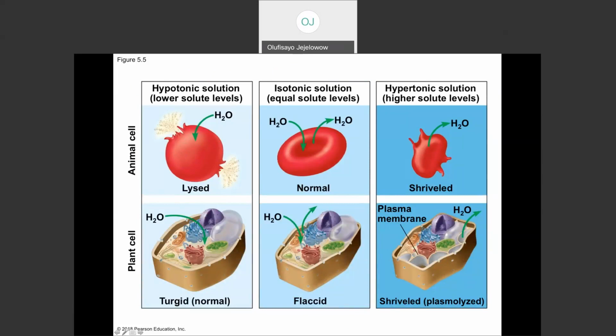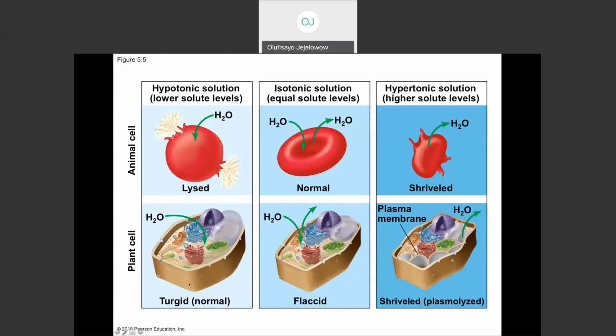Plant cells: the cell wall of plants pushes back. In a hypotonic solution, water flows into the cell because the concentration of water inside the cell is less than the surrounding. So water flows into the cell, but then there's a pushback from the cell wall, allowing the plant to be turgid.